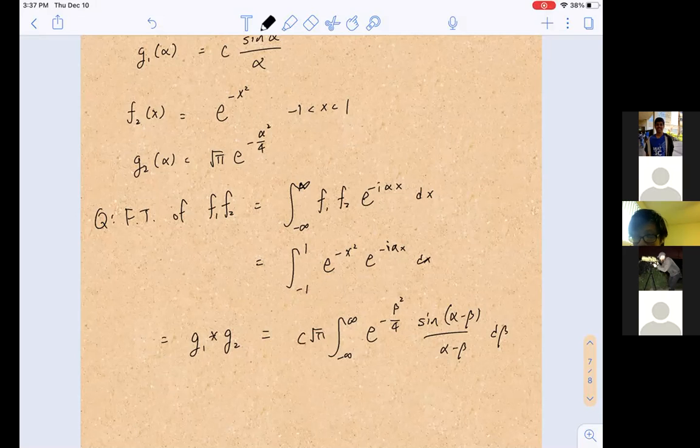For this class, I think the only way we apply convolution is to find inverse transforms and stuff like this. Okay, any questions?